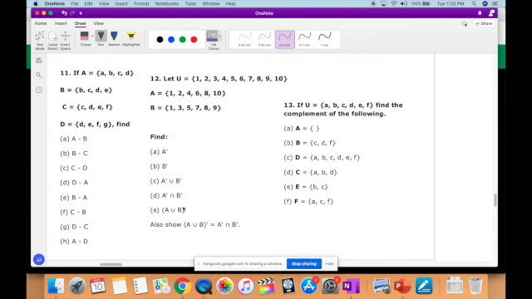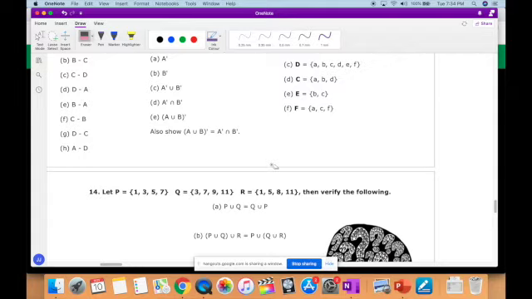They ask you to find complements and unions with intersections and all of that stuff. Same thing over here. Complements. Find the complement of the following. They give you what B is, so you have to find what B complement is, right? That's what it is. Pretty okay.